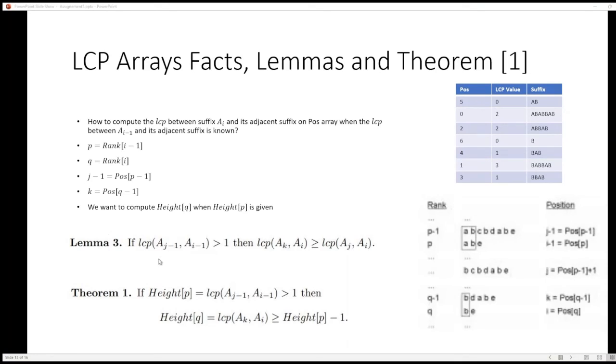Lemma 3 says if height P is greater than 1, then height Q will be greater than height Q minus 1. If we want to see it on the figure, it is here. And from lemma 3 and the previous facts, it can be shown that if height P is greater than 1, then height Q will be greater than height P minus 1.